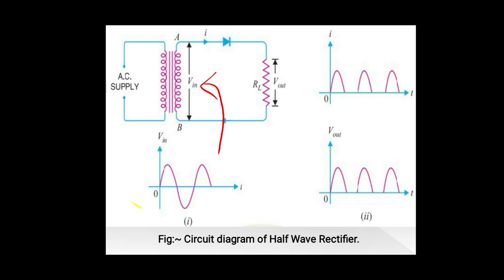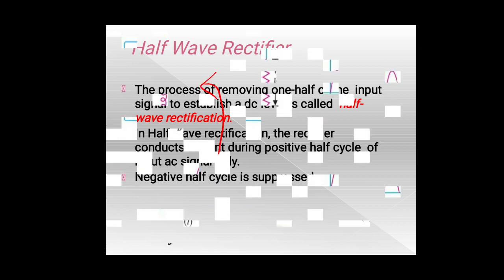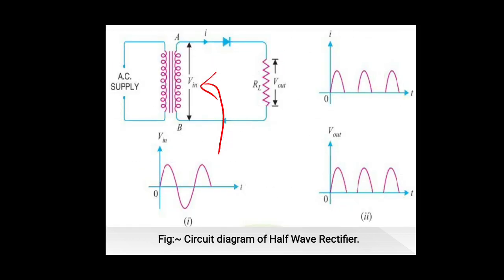So this is the input AC supply, the input signal AC cycle, the alternating current which is always reversing direction, that is positive and negative. During the positive half cycle, terminal A is positive with respect to terminal B, and hence the diode is forward biased, and the voltage appears as it is at the output.